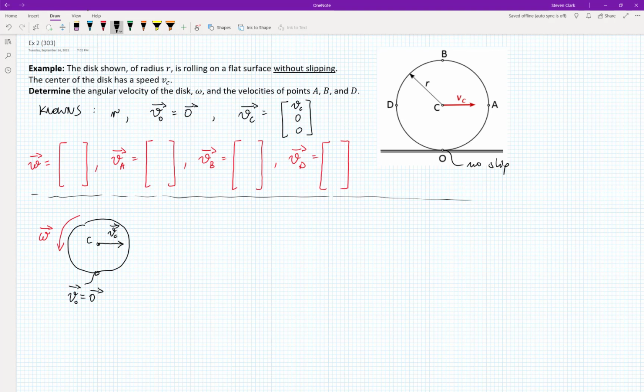So I just would like to write our velocity expression between points C and O. So it will look like that. VC is equal to VO plus omega times RCO. We know that VO is 0, so we can set it to the 0 vector.